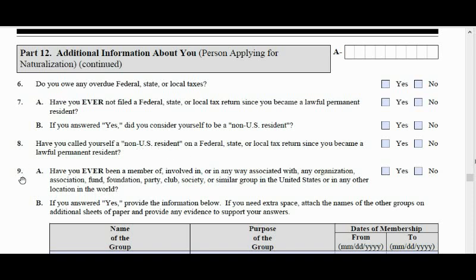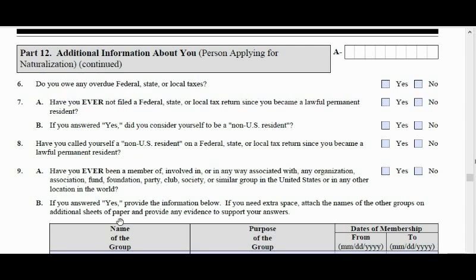Okay. So 9A, have you ever been a member of, involved in, or in any way associated with any organization, association, fund, foundation, party, club, society, or similar group in the United States or in any other location in the world? Basically, they will ask you if you are a member of any organization or group like that. If it's the case, check yes.